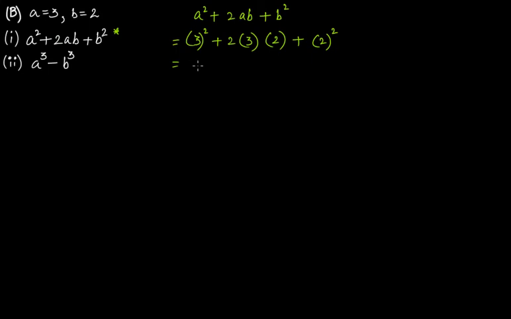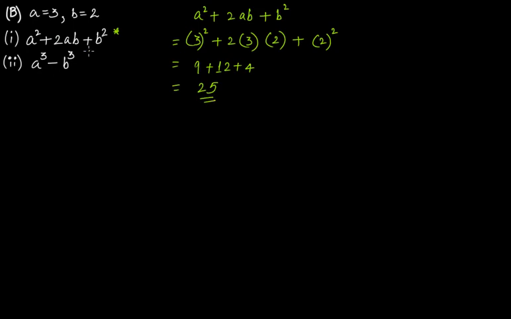You get here 9. 2 times 3 is 6 times 2 is 12. And this is 2 times 2 means 4. If you solve it, you get 25. So the value of this expression when a is equal to 3 and b is equal to 2 is 25.